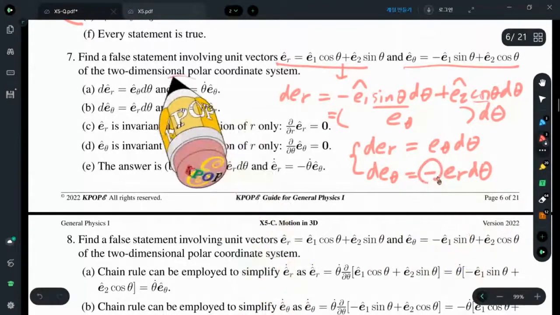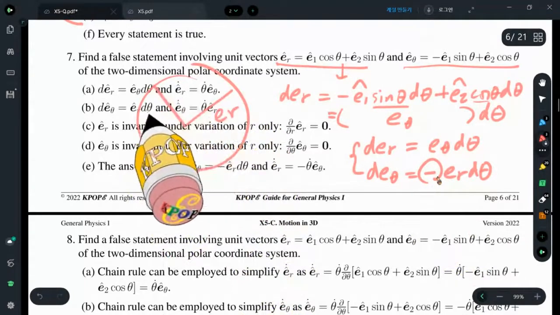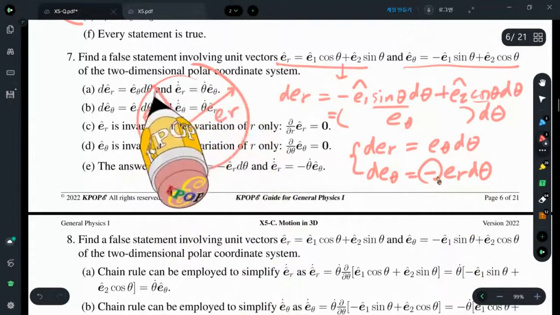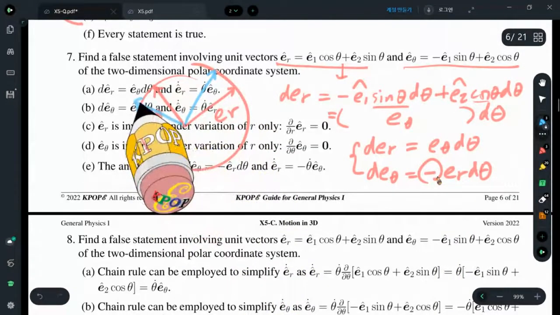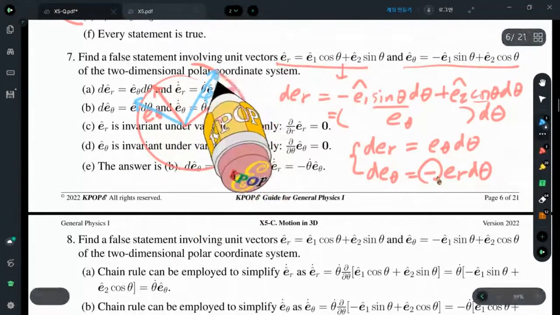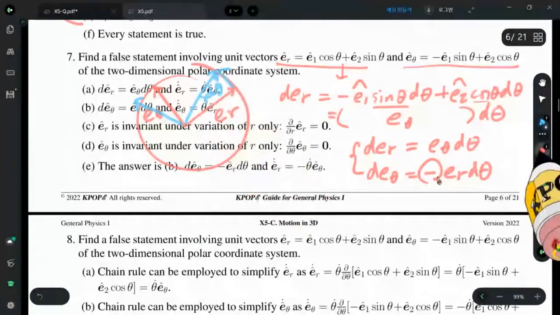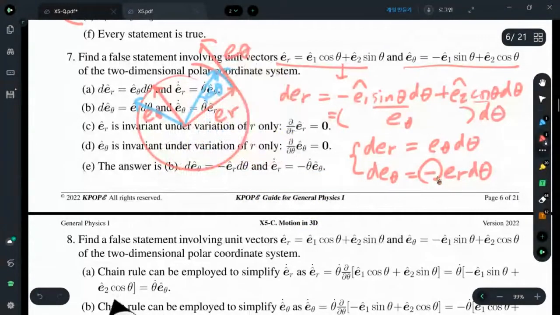The reason is that we have a circle. ER is here, E theta is here. If I rotate by a very small, tiny amount, that is d theta, this amount of change is parallel to E theta.